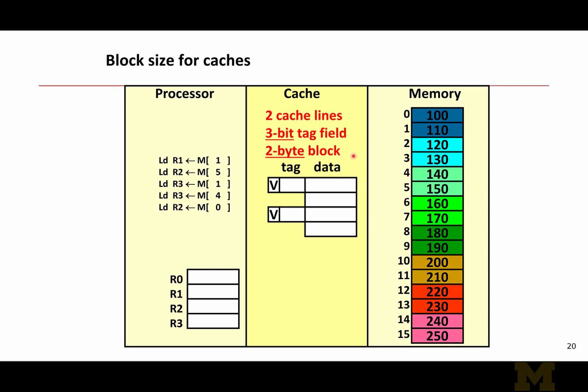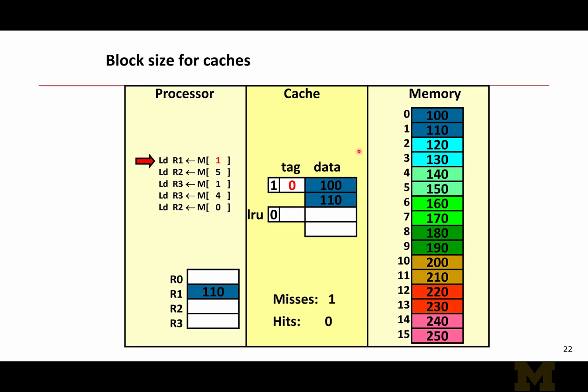Let me execute my first load instruction to address 1. I would bring both bytes that are adjacent into the cache. The way I would process address 1 is to split it into the block offset and the tag. The tag is what I would store, and the block offset refers to which byte in that block I am trying to access.